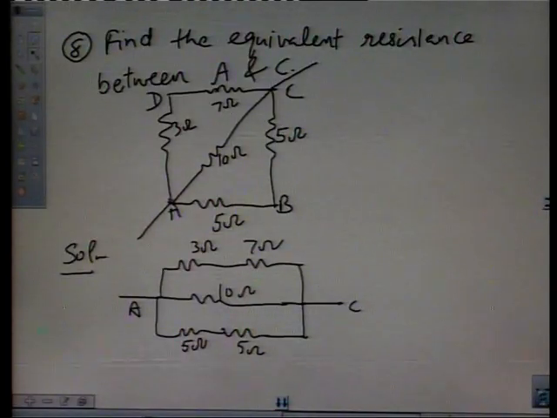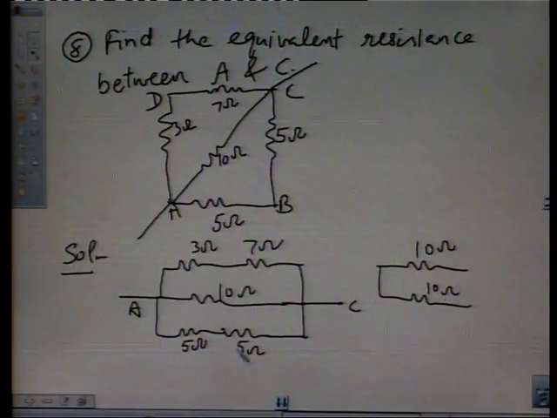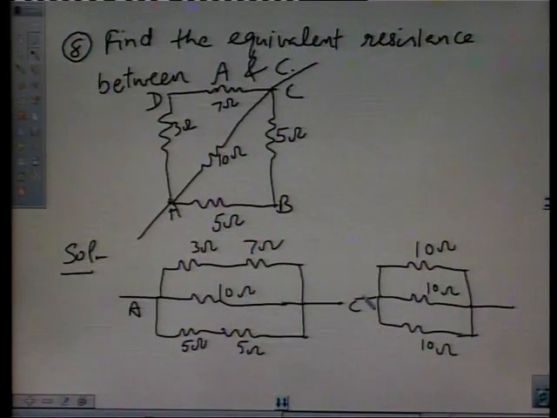In this circuit we can see 3 ohm and 7 ohm resistances are in series. So here we have total resistance as 10 ohm, here also 10 ohm, 5 ohm and 5 ohm. If we take its combination, it comes out equal to 10 ohm. So between A and C points we have three resistances connected in parallel, each of 10 ohm.